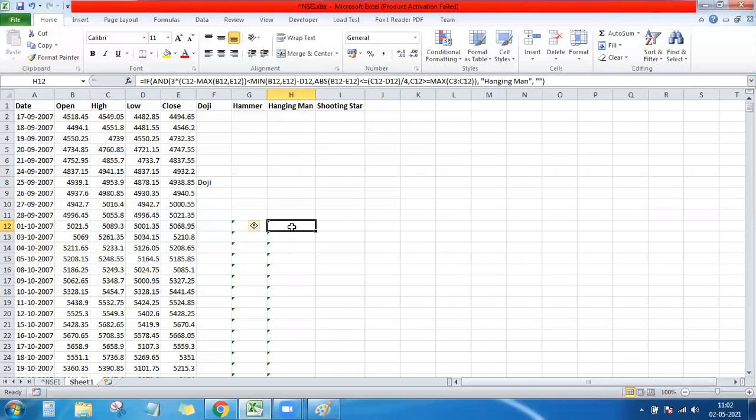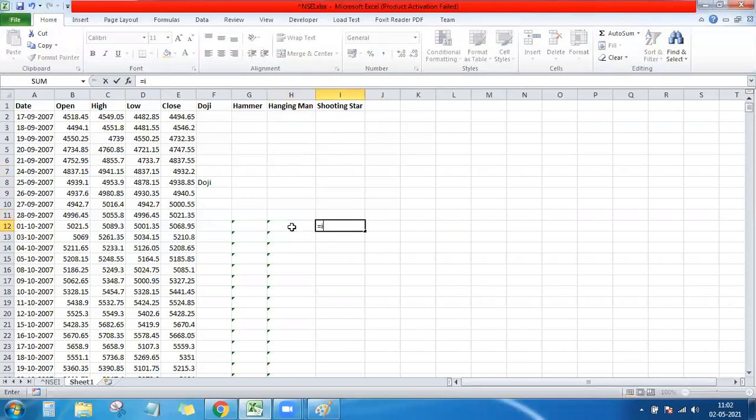So leave the starting 10 values and then start with the IF condition, close it, then again the AND condition, and close it. Within these brackets, we'll now be writing three conditions. So put three commas.